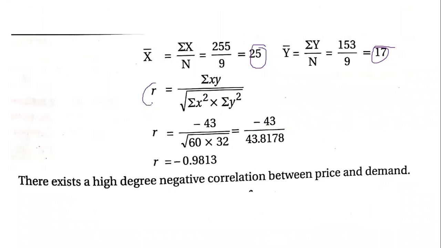R, the correlation coefficient, is equal to sigma xy divided by square root of sigma x square into sigma y square. So minus 43 divided by square root of 60 into 32. Now after this you can write minus 43 divided by square root of the total of 60 into 32. And when you find the square root, you get 43.8178.